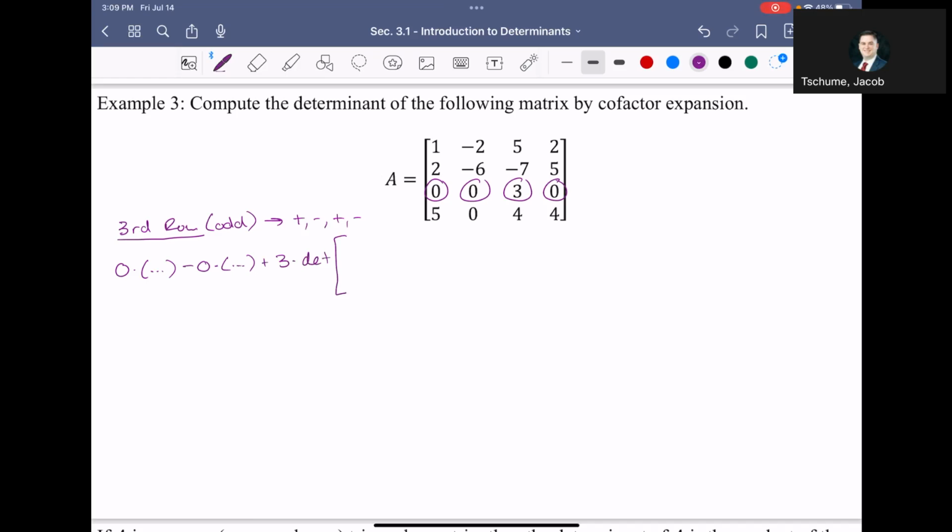Now, with the same thing, with that 3, you're going to cross off the row and the column of the 3, and you'll notice that there are 9 numbers I did not cross out. All 9 of those make up the new 3 by 3 submatrix. So make sure you get those down in the right order. It would be 1, negative 2, 2, 2, negative 6, 5, and 5, 0, 4.